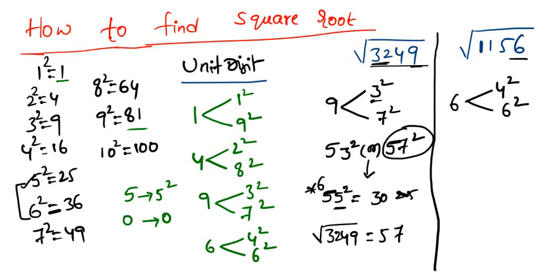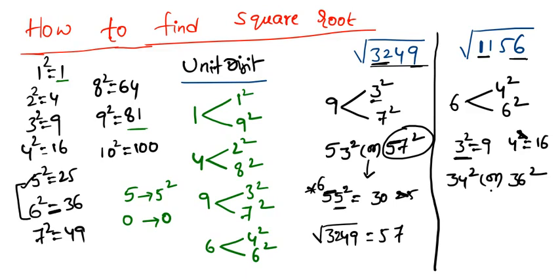And also one more question, root of 1156. 6 is the units place for either 4 square or 6 square. And for 11, where are we getting 3 square equal to 9, 4 square equal to 16, we have to take the least number, so it is 34 or 36. Again, we don't know the exact value of root of 1156.